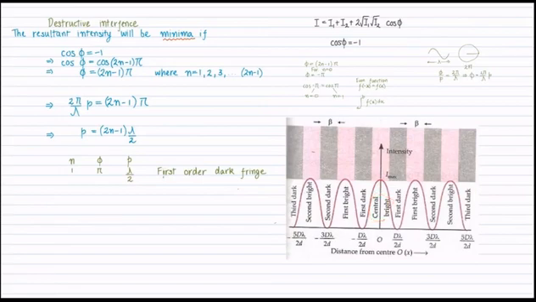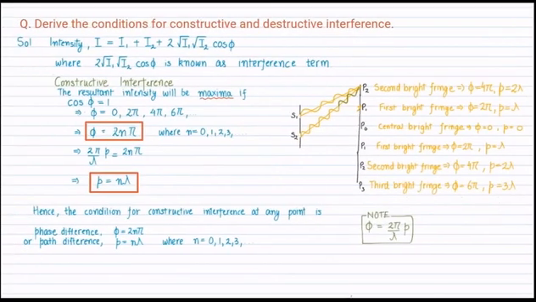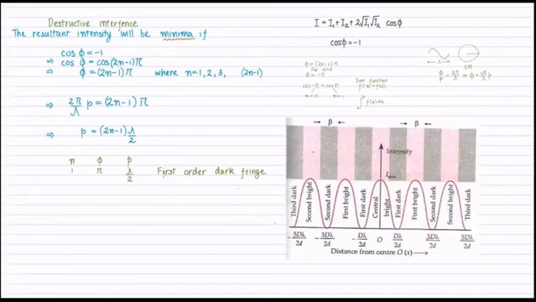And here, then you have the corresponding n equals 1. So the next successive one, can you see this one? This is your first bright fringe. So the one which is n equals 0 is central bright fringe, and n equals 1 is your first bright fringe. But in case of your dark fringes or your destructive interference, since there is no n equals 0, therefore we don't get a central dark fringe. Fine. So we start from first dark fringe.